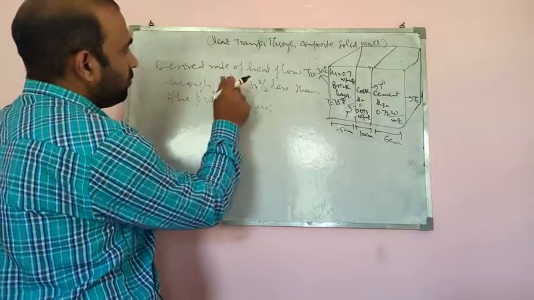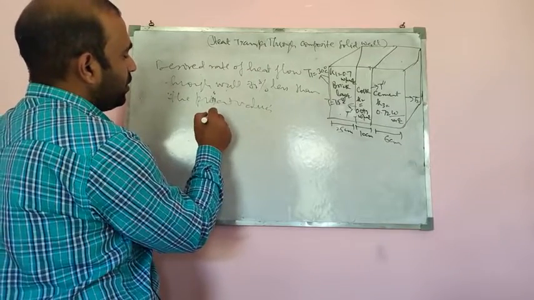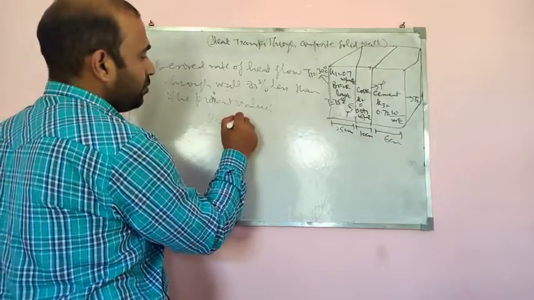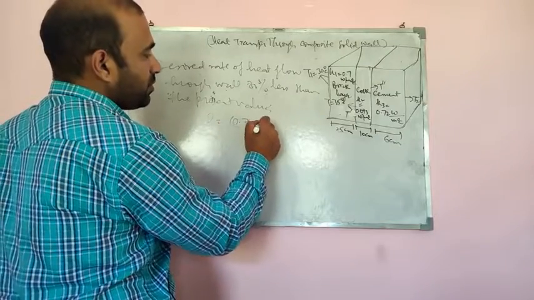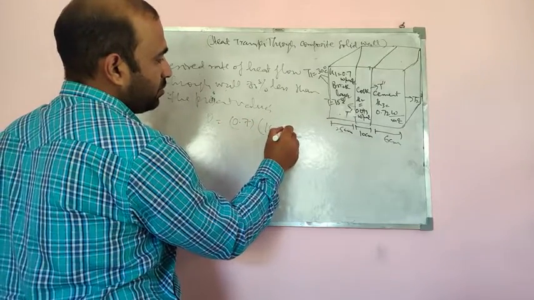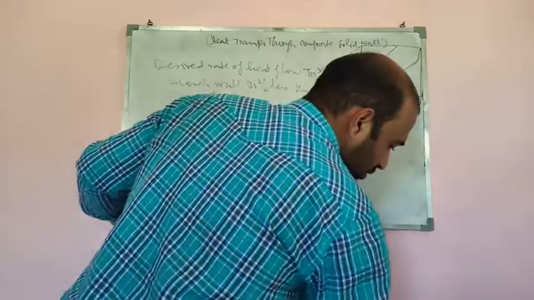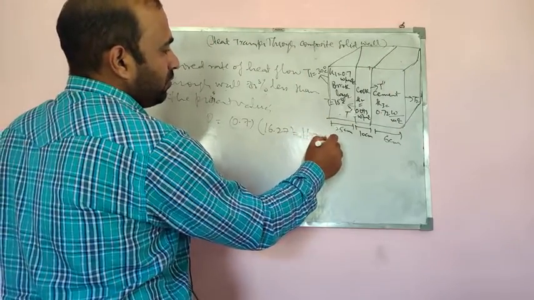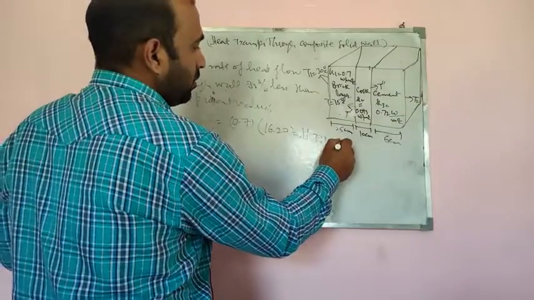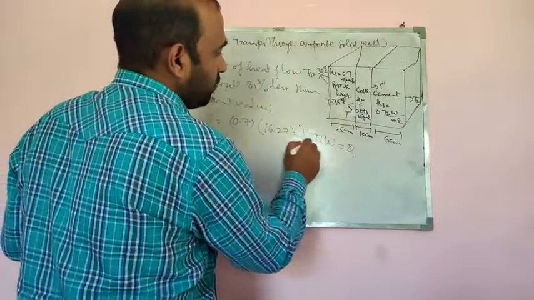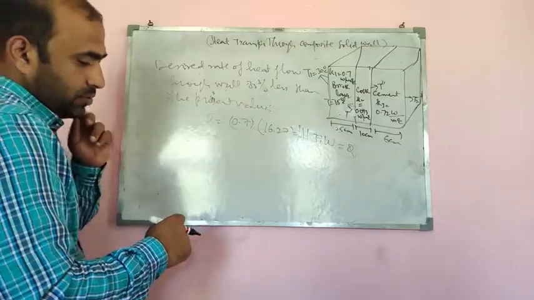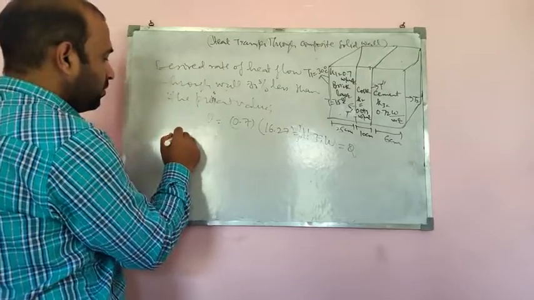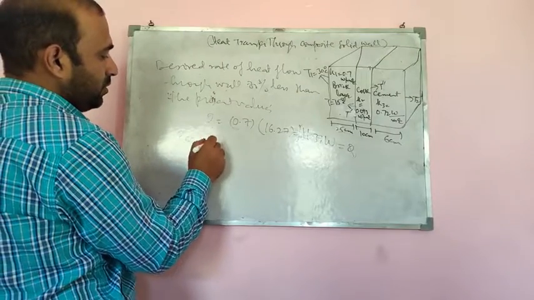If we want 30% less, that means heat transfer Q should be equal to 70% of what is presently, that is 16.27. So this heat transfer will come out to be 11.39 watts. In this case, what will be the required thermal resistance?